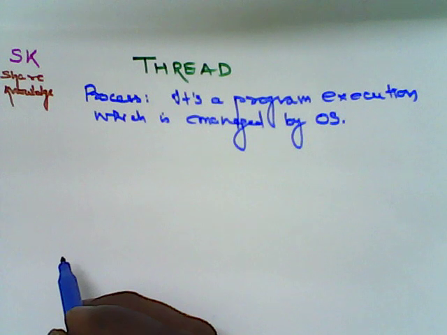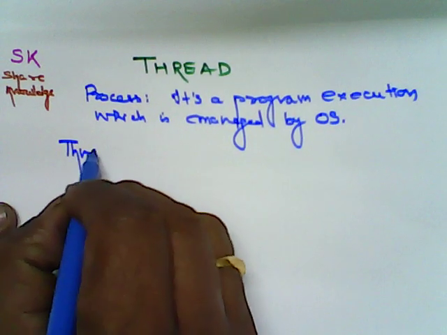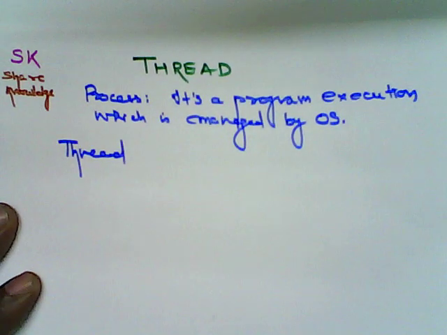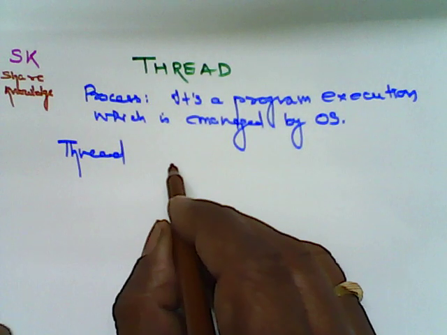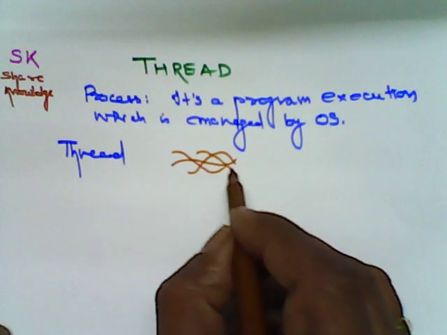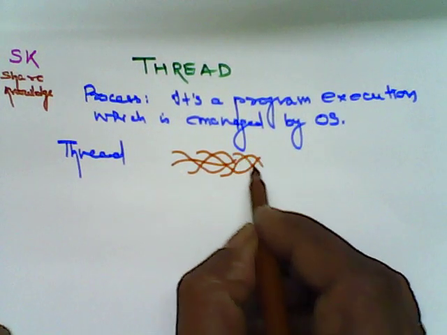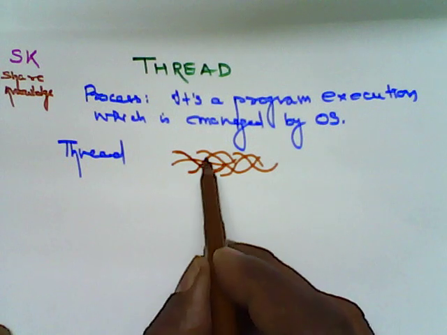So as the name thread indicates, say for example, you have seen the rope. In the rope there are multiple fibers. Every fiber plays its own role.